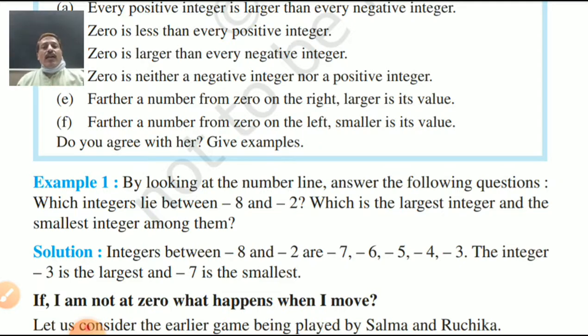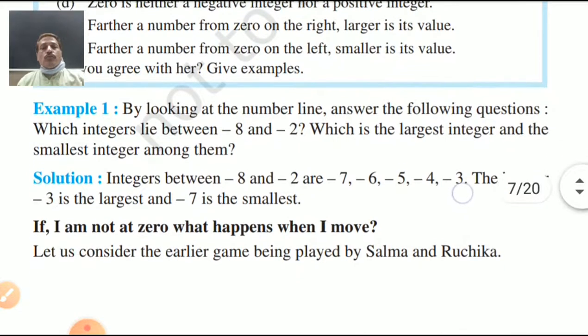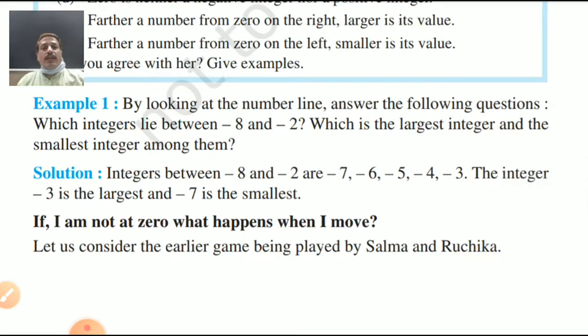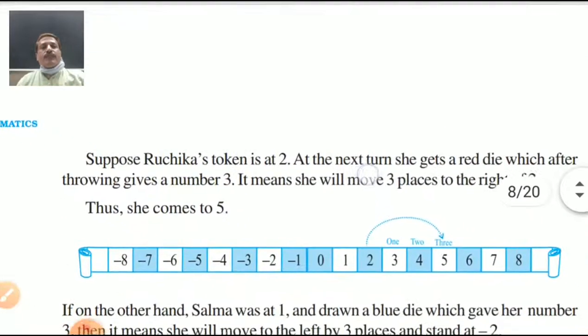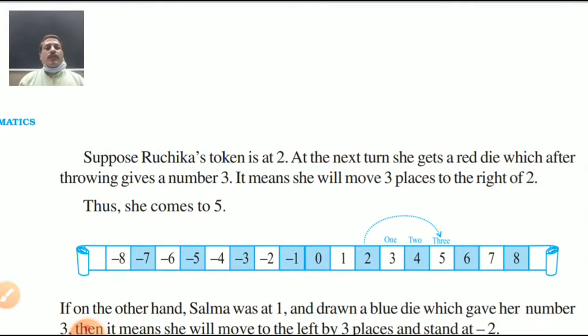If I am not at 0, what happens when I move? Let us consider the game being played by Salma and Ruchika. See, suppose Ruchika's token is at 2. At the next turn, she gets a red die which after throwing gives a number 3. It means she will move 3 places to the right of 2.